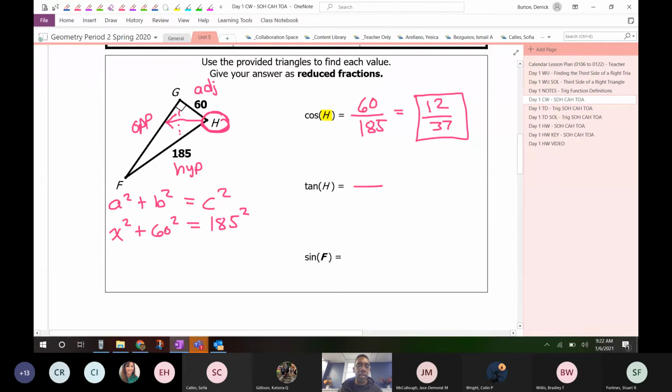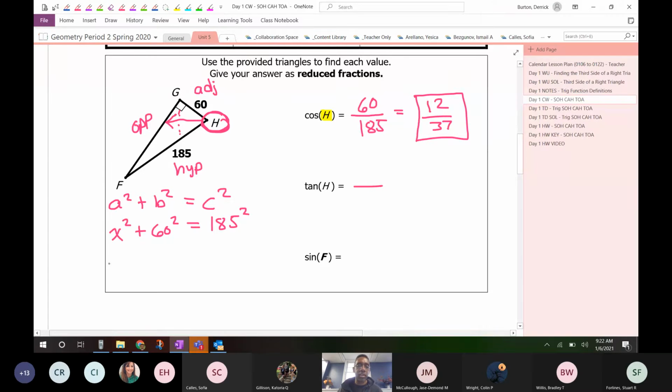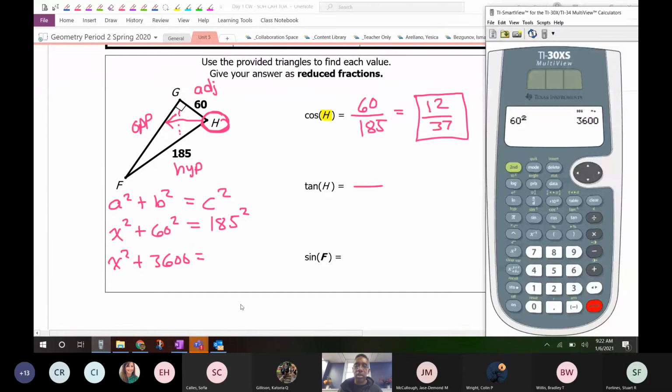These numbers are pretty big, but that's okay. 60 squared is 3,600. So now I've got x squared plus 3,600, and I've got 185 squared, which is 34,225.